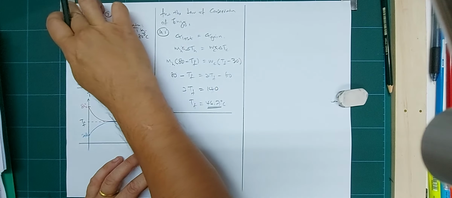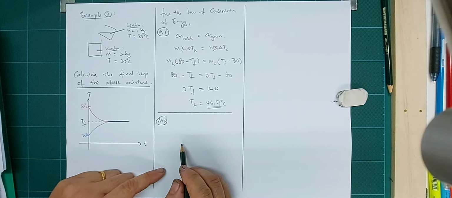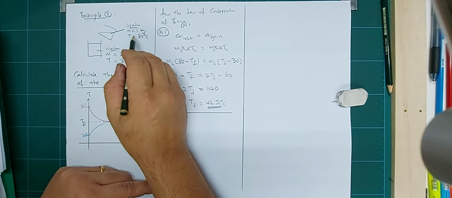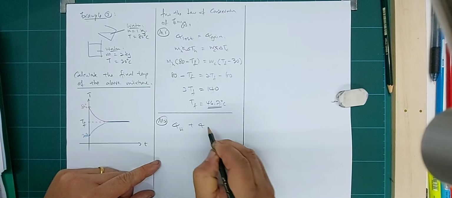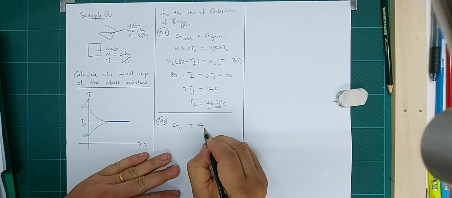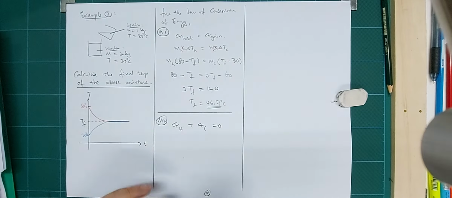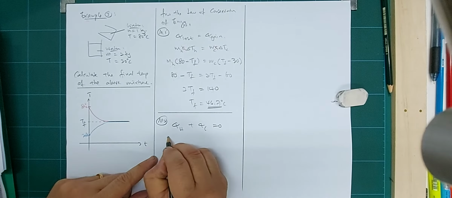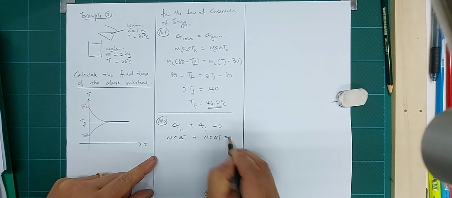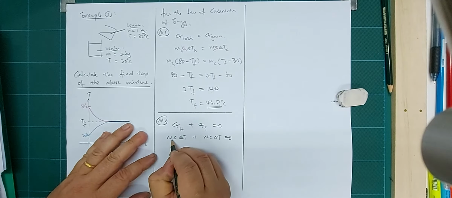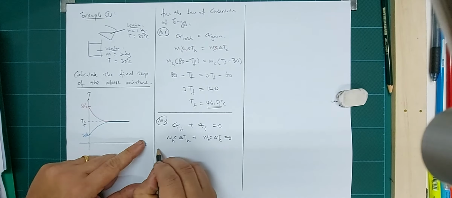Now the changes of energy from the hot water, Q hot, plus the Q cold must equal 0. So we put in the formula, mc delta T must equal 0. This one is the hot, this one is cold.